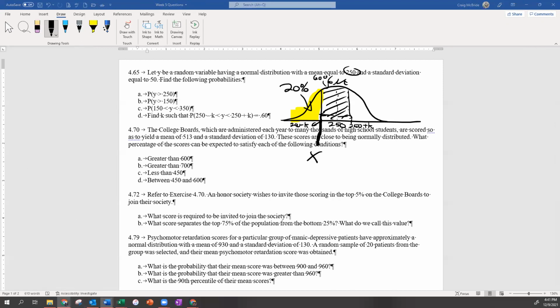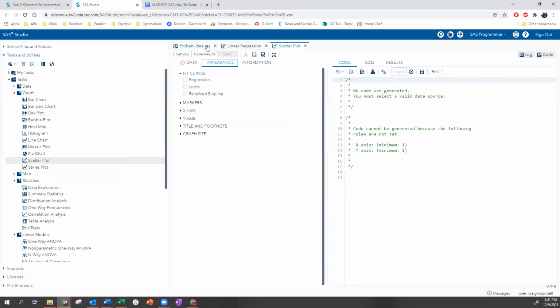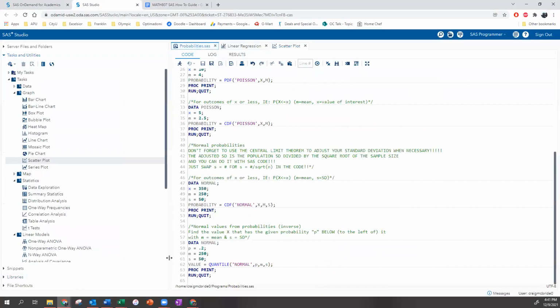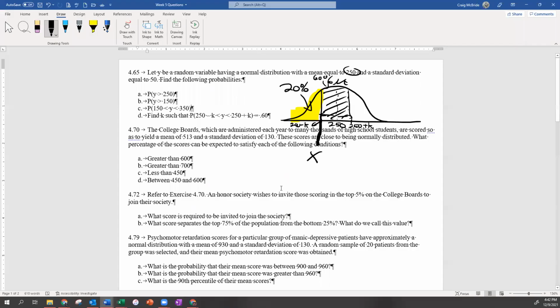What function do we have that we can give a percentage and it will give us an X value? That's this one here, the quantile function. You would give it the 20%, the mean, and the standard deviation, run it, and it would spit out a number, and that number would be X. Let's say it comes out to 220.